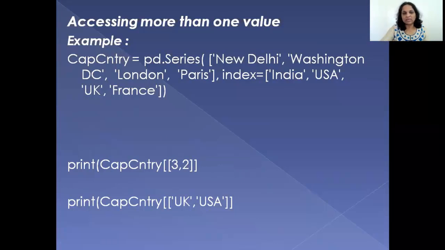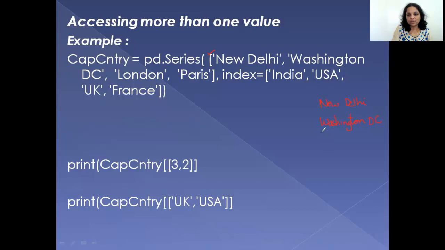Now to understand this, let's look at this series that is created. It's created using a list, so we can make out here that I have the elements of the series in a list. The first element is New Delhi. The second value in the series is Washington, DC.